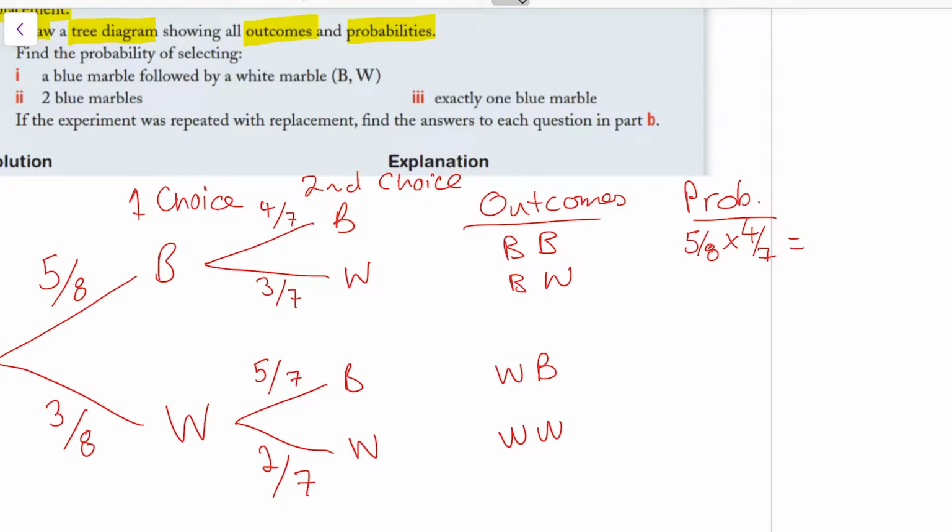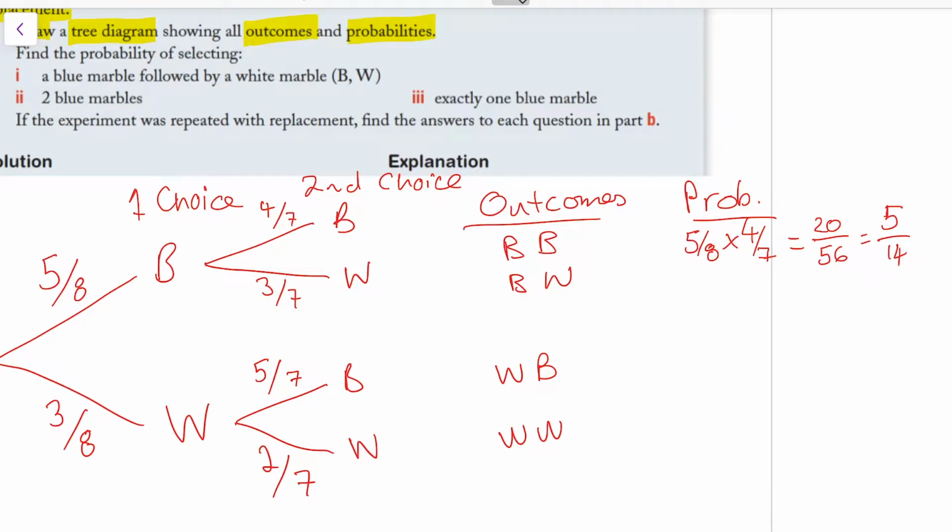So we've ended up with 5 times 4 gets me 20 over 56, which simplifies to 5 over 14.